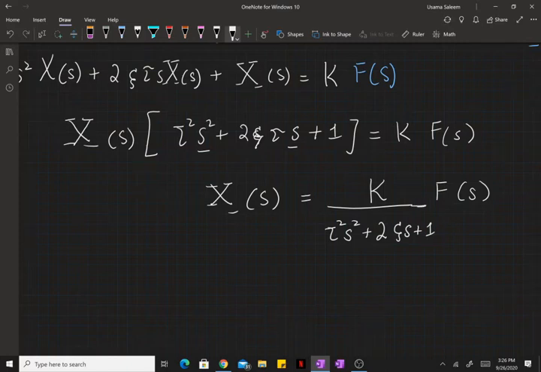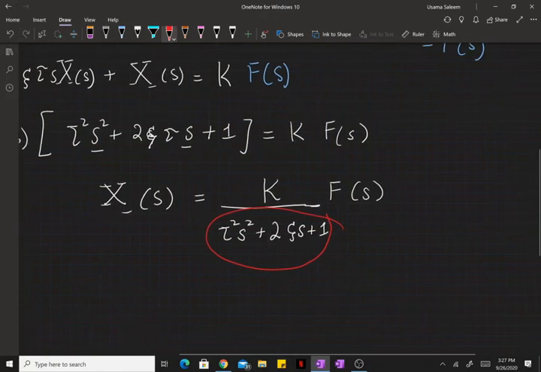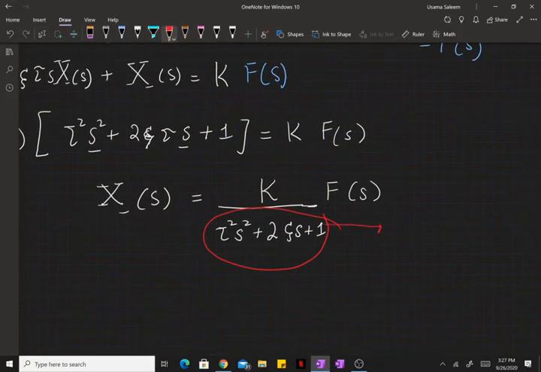Okay, now if you want to analyze the stability of this system, you'll be taking the roots of this polynomial. For higher order systems, the Laplace transform becomes more and more useful.